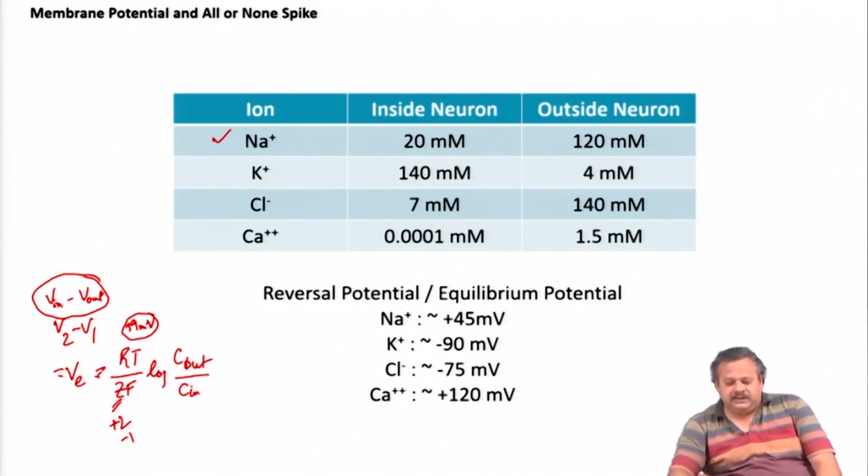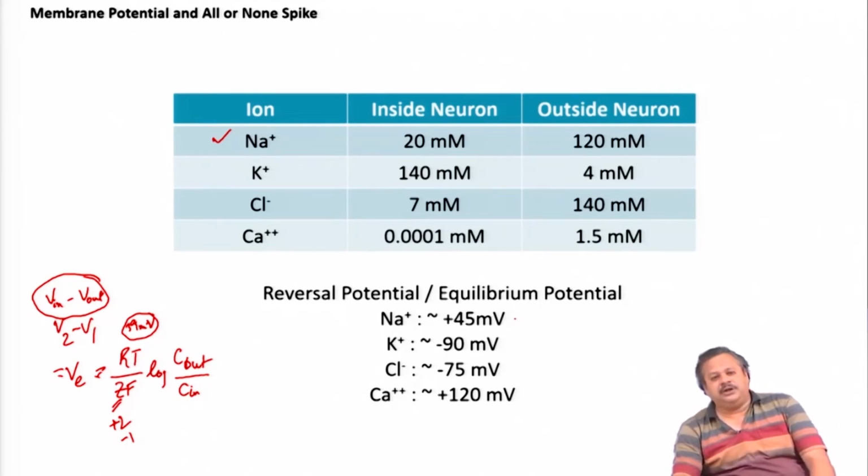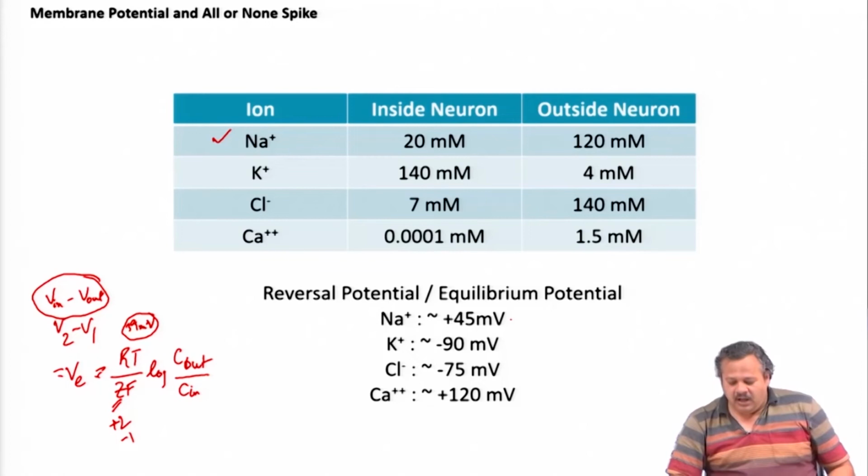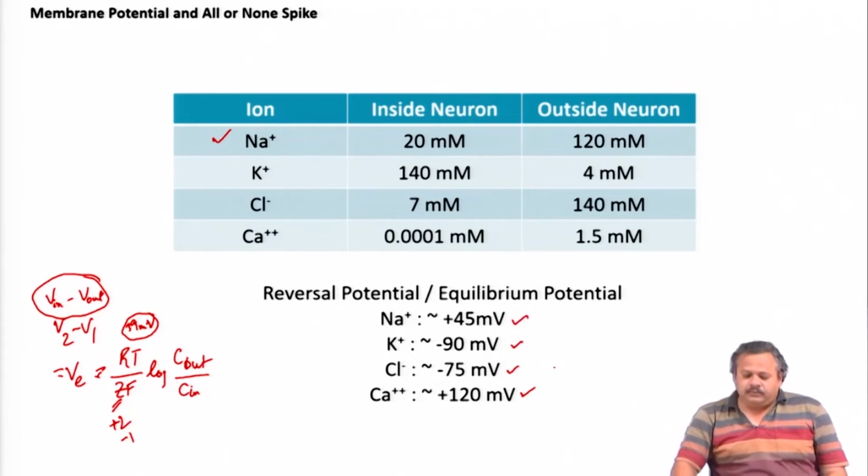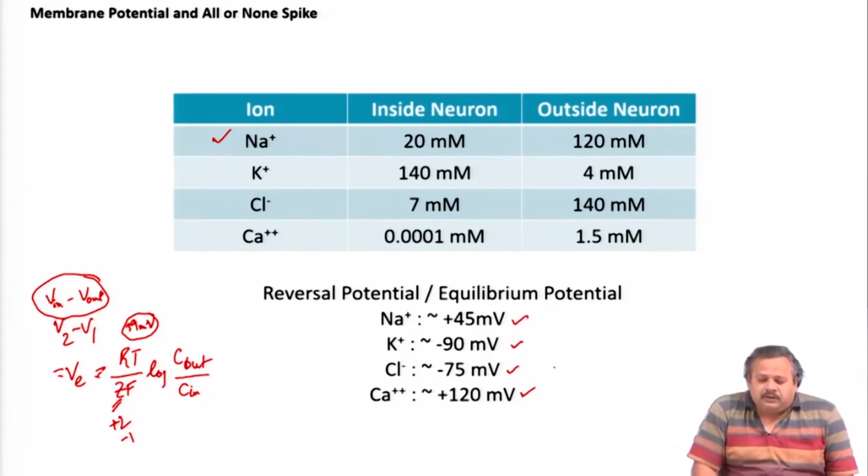So, what we see is, if we calculate, then the approximate values of the equilibrium potential of these key ions are +45, -90, -75 and +120. So, what does this actually mean?